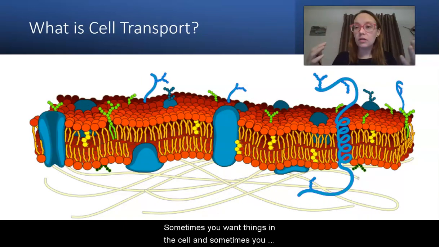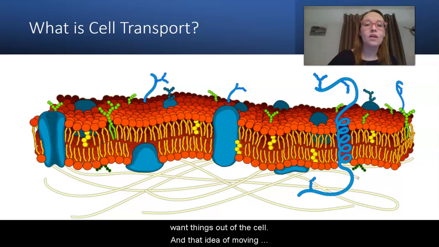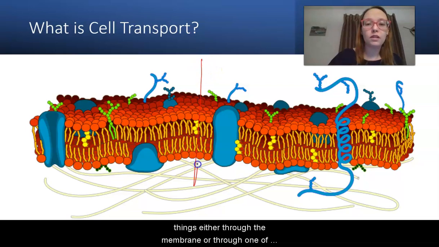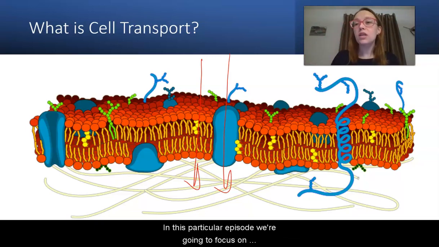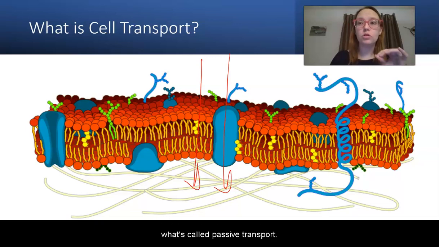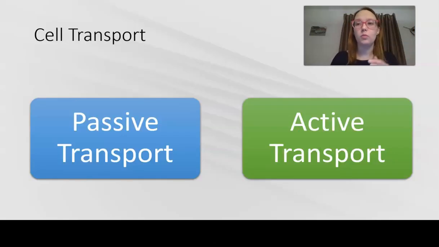So sometimes you want things in the cell. Sometimes you want things out of the cell. And the idea of moving things either through the membrane or through one of these proteins, that is called cell transport. In this particular episode, we are going to focus on what's called passive transport.